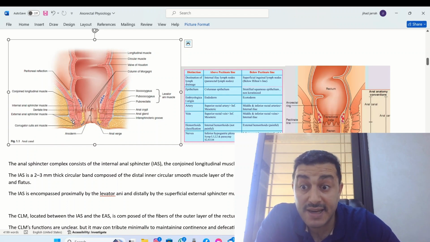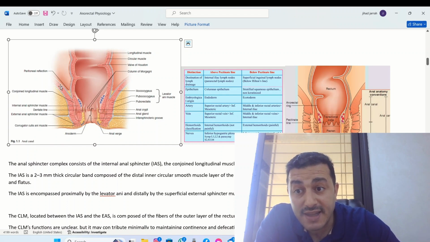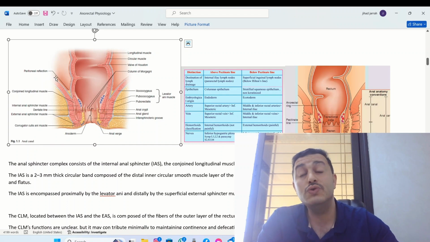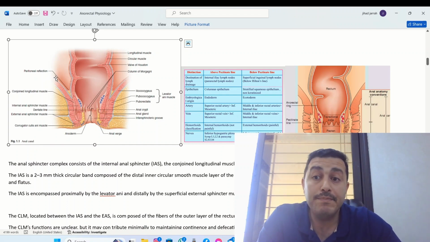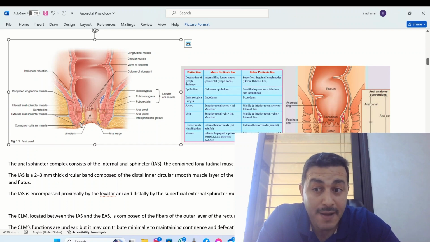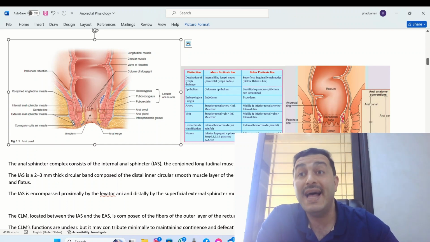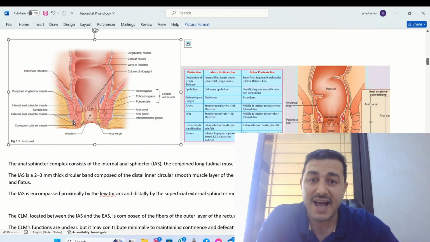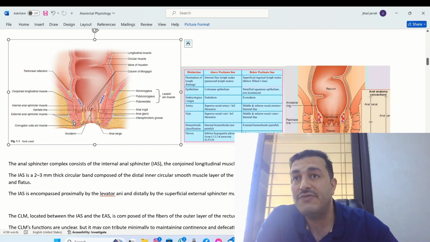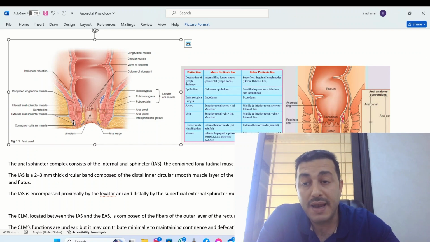This is the external anal sphincter, and you can see that it continues up with the puborectalis muscle, and it is more distal than the internal anal sphincter. It is under somatic innervation. The pudendal nerve takes the role of innervation.